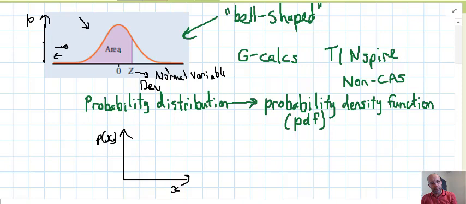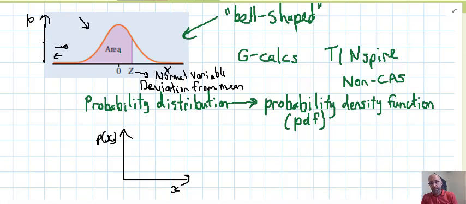If it's normal, by the way, it'll be an x. If it's standard normal, it'll be a z. It's talking more or less about the deviation above or below the mean. So we have different things measured on the axes.